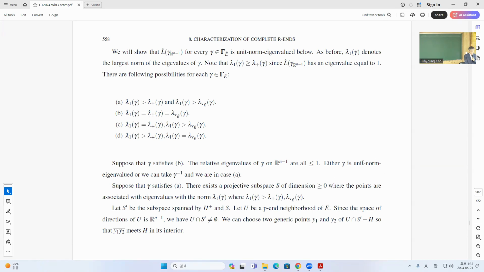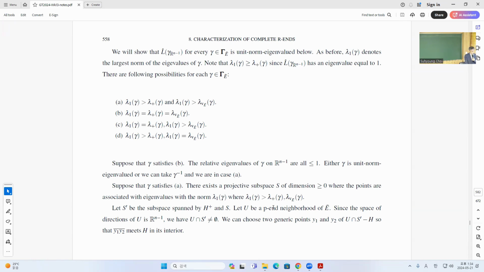So then it is either unit norm eigenvalue, so everything is equal and unit, or you can take the gamma inverse and you get the case 1. Because if there's some eigenvalue less than this, then if you take the inverse, you will get bigger than this and bigger than this one inverse.